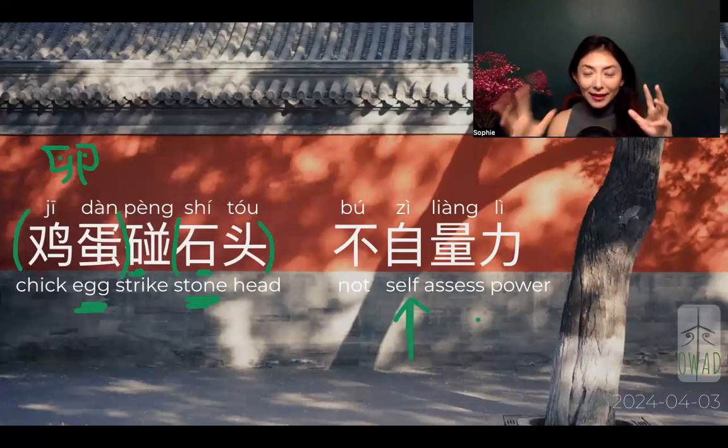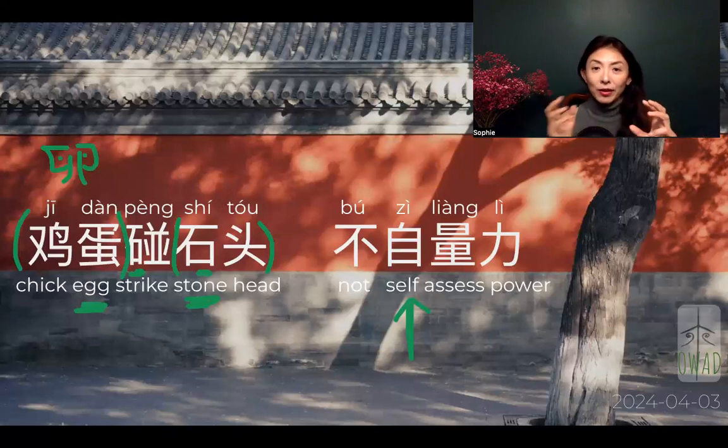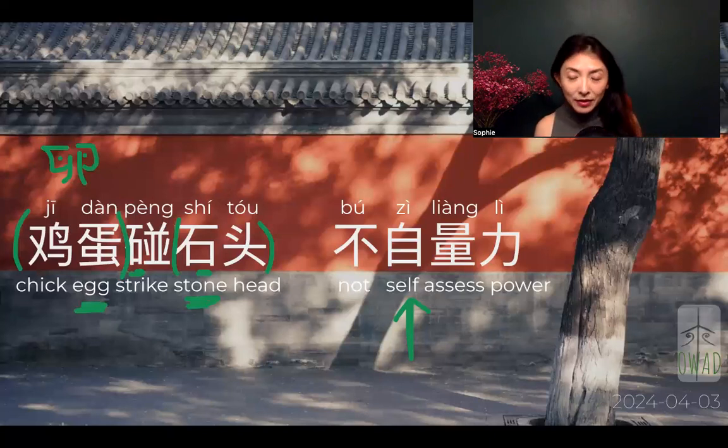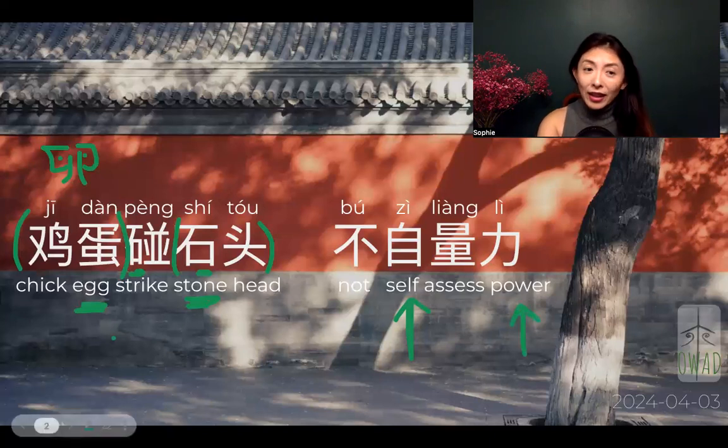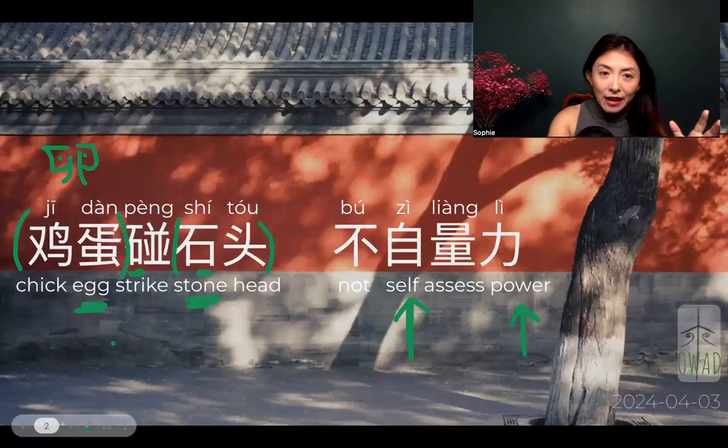We use 自量, meaning we evaluate ourselves. We're not evaluating some other objects. We're doing it onto ourselves. So when we do the self-assessment, particularly of our power, almost like thinking from the egg's perspective, how much can the egg take, what impact can eggs make?